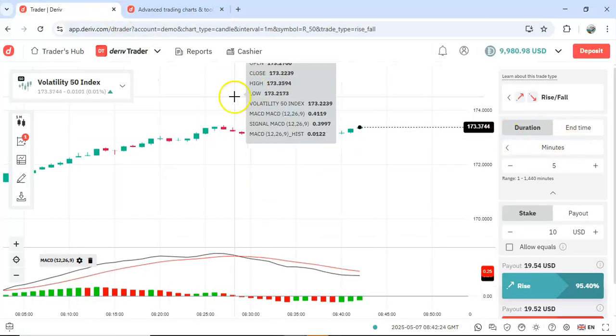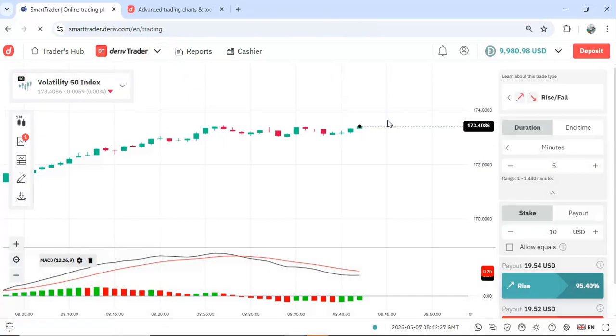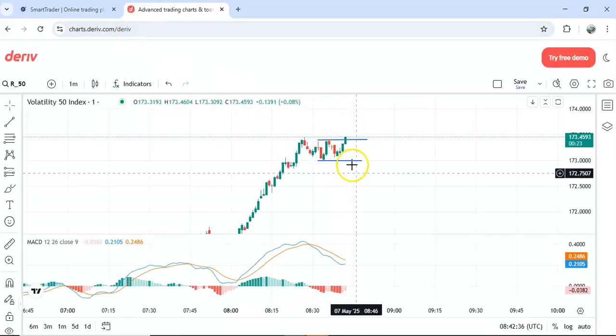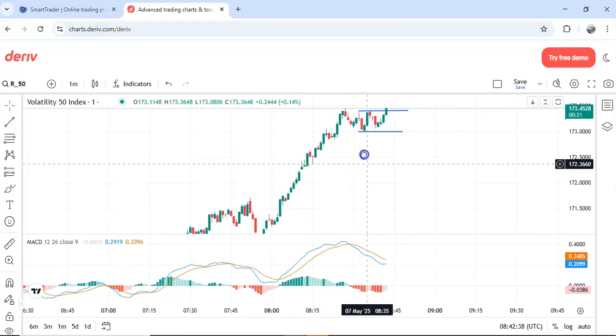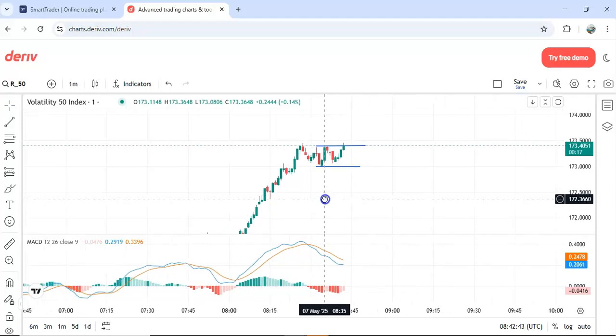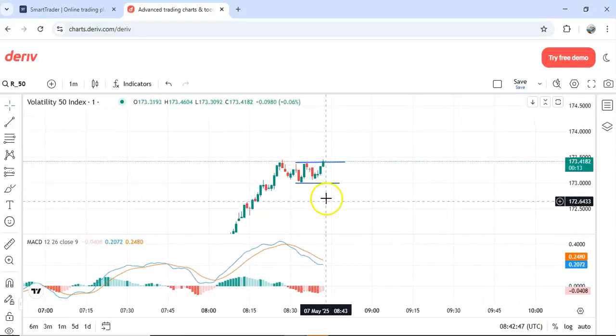So you can see here sellers are losing momentum. So let's wait. So we are going to wait for the next candlestick. That is the one that is going to give us the direction of the market that we are going to trade. So let me come back here.